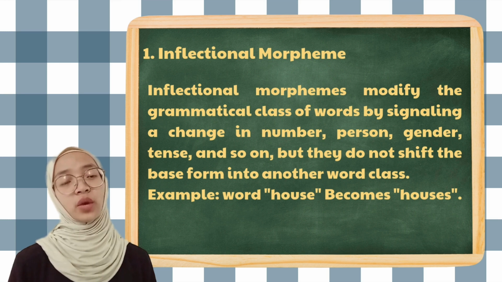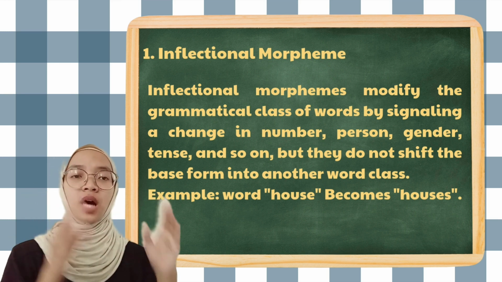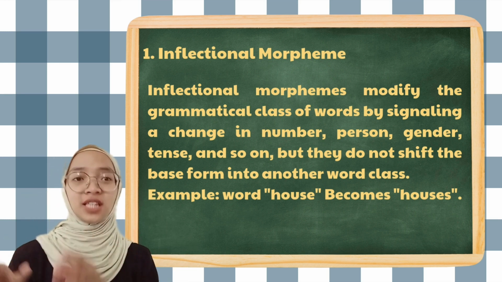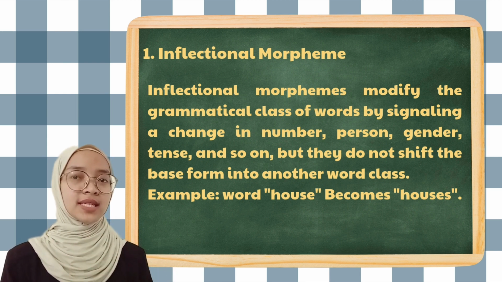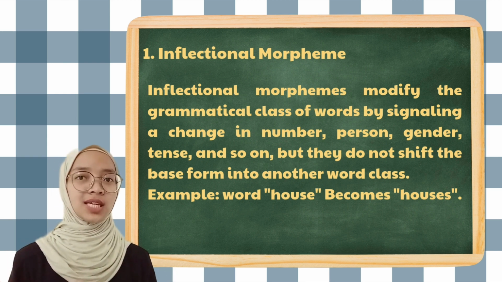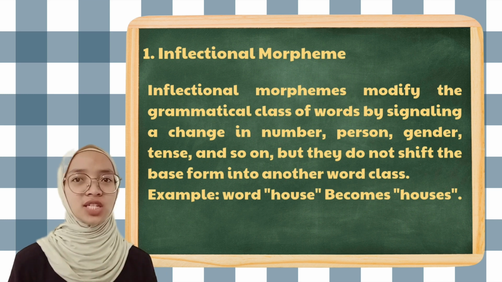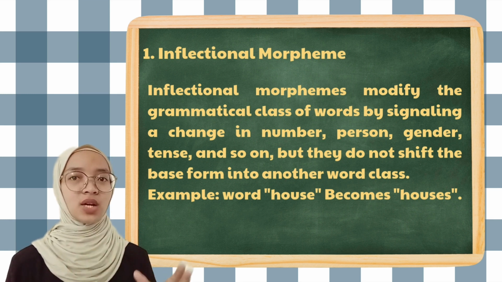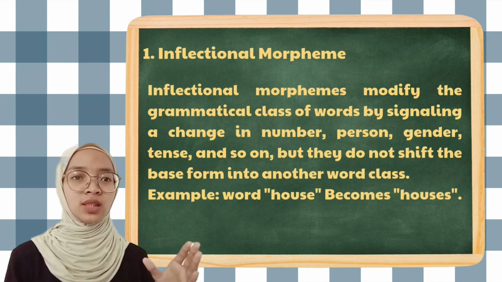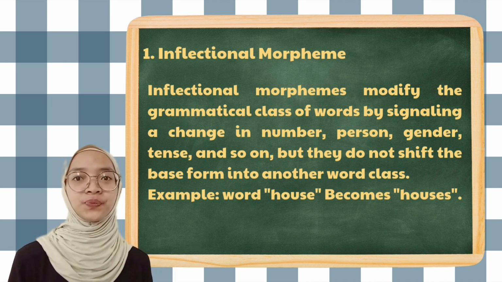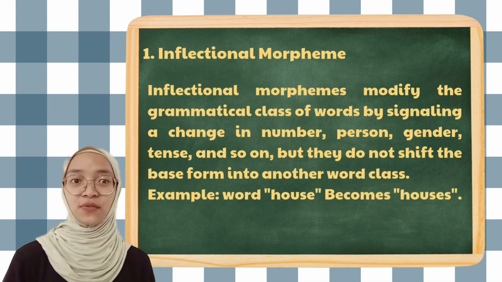For example, when house becomes houses, it is still a noun even though you have added the plural morpheme s. The word houses here does not change its word class, only its meaning changes to plural, or more than one, because of the s suffix.